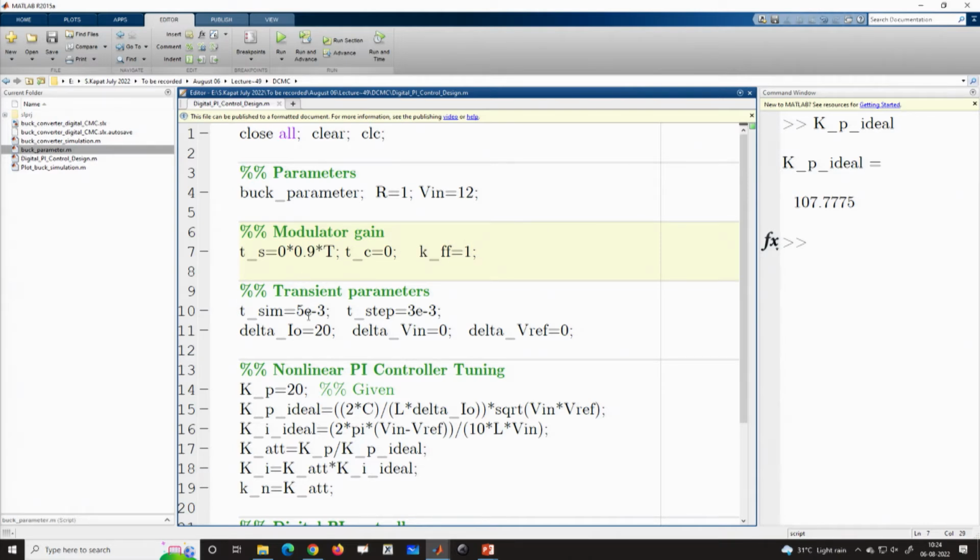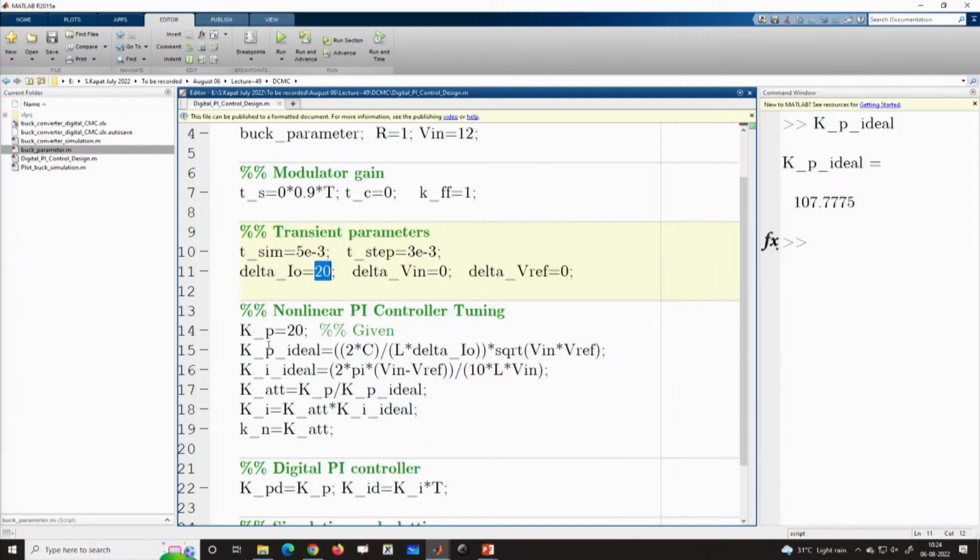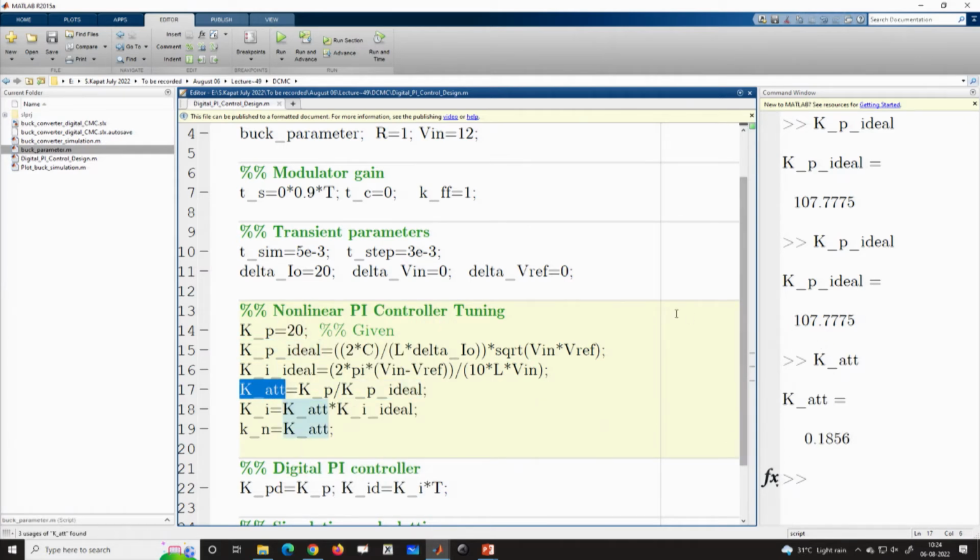We are running the simulation for 5 millisecond. At 3 millisecond, we are applying a load step of 20 ampere. Now, our practical gain is given as 20, that is the upper limit, but the ideal gain is computed, and we have discussed earlier that the ideal gain, if we calculate, will be too large. That means we need to create an attenuation factor which will be 20 by 107.77, so it will come around 0.18.